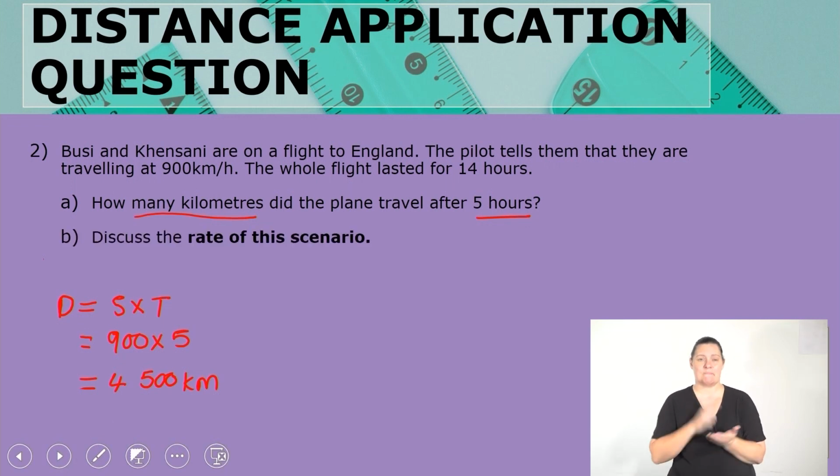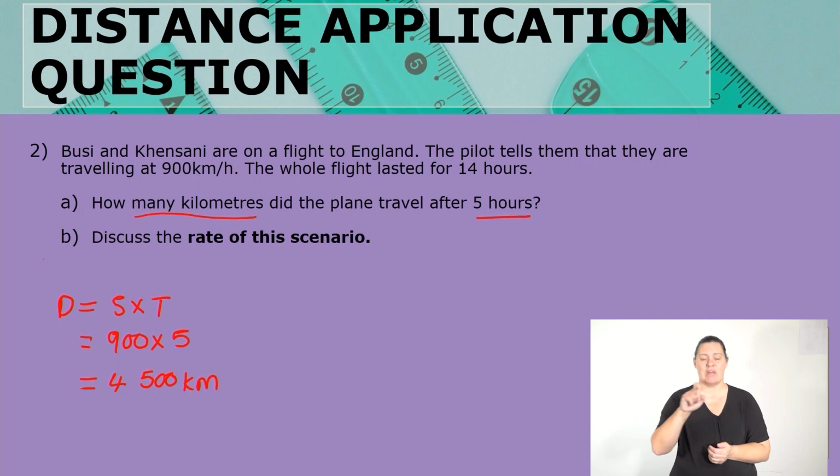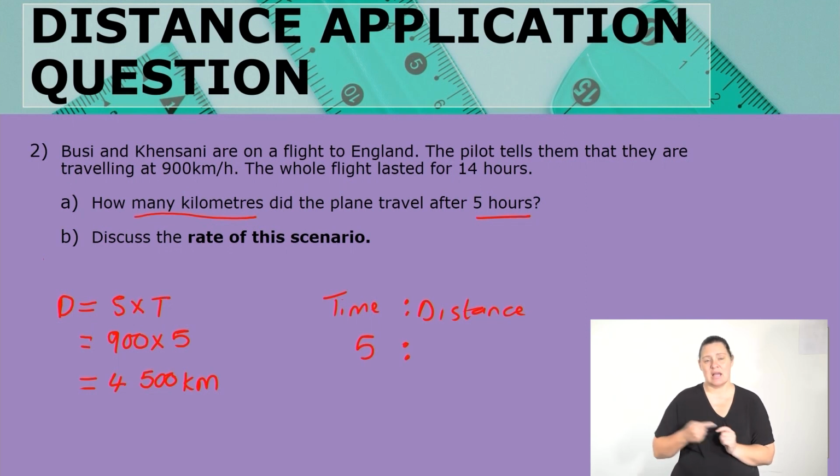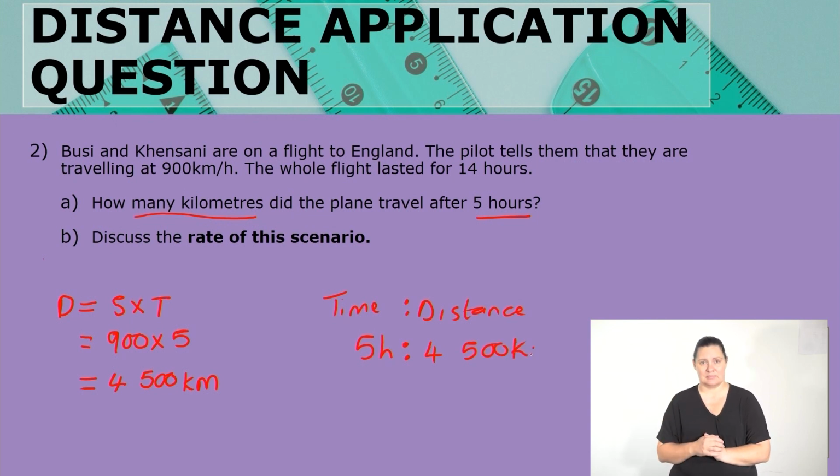Now, let's discuss the rate of this scenario. Remember, rate, we are comparing two different quantities. So this time we are comparing the time with the distance. The time here was 5 hours, and the distance covered was 4,500 kilometers.